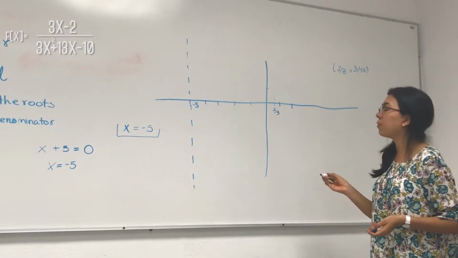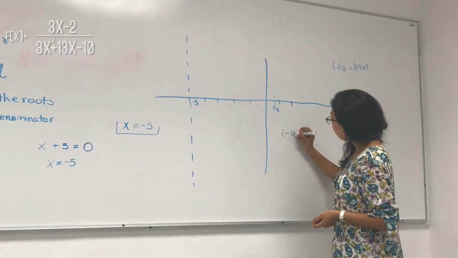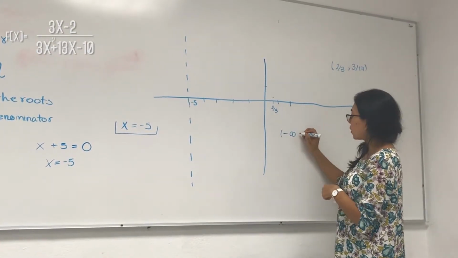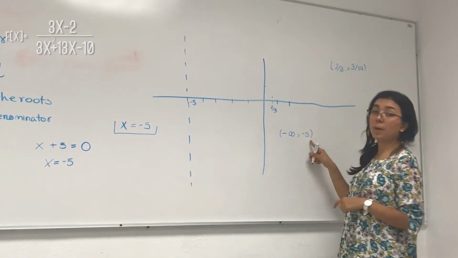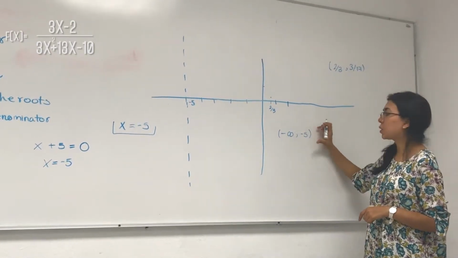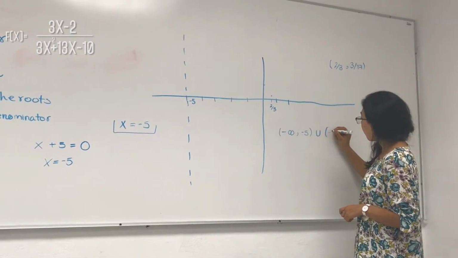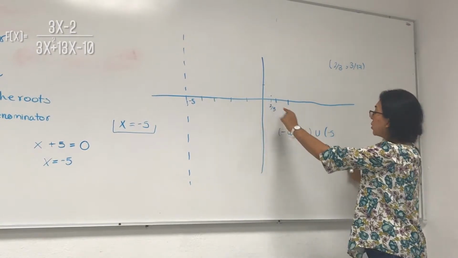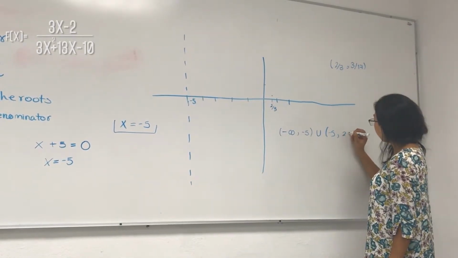So our domain will be minus infinity to minus 5 with a parenthesis because we don't actually touch the minus 5, union with minus 5 to 2 over 3.